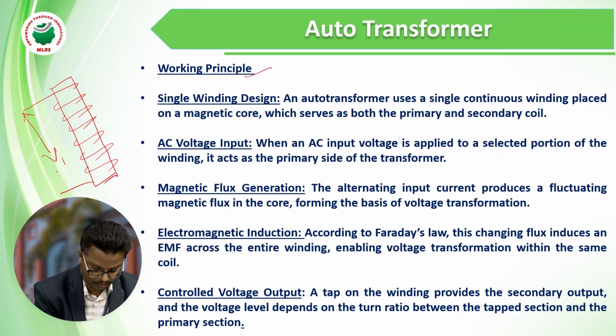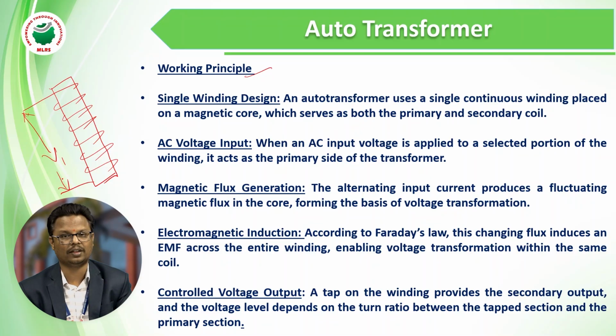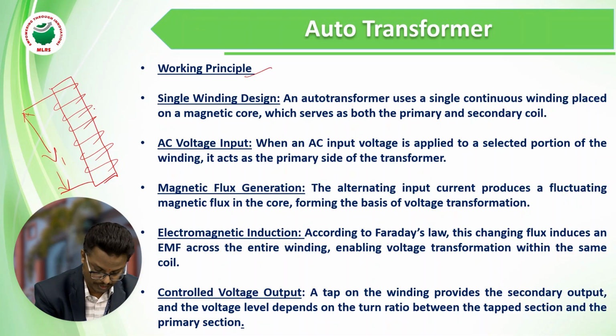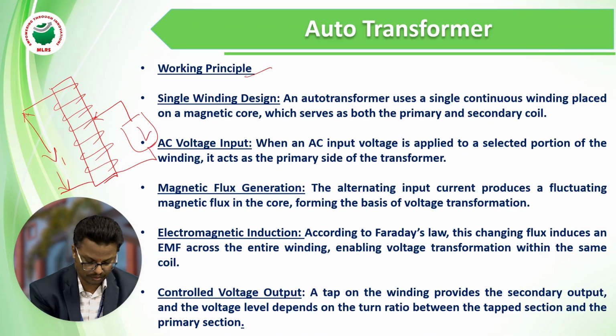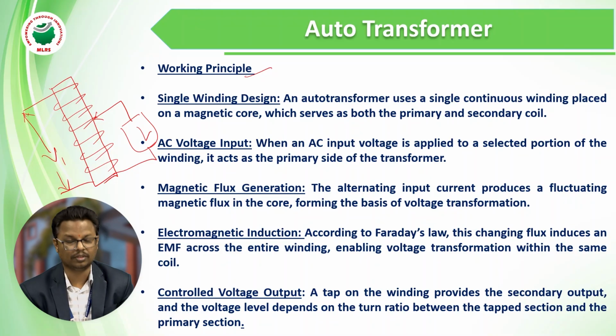Now we are giving a supply of V1, so it acts as a primary. Now I am taking a tapping point and connecting it to a load and again to the other terminal, so it is a secondary coil.